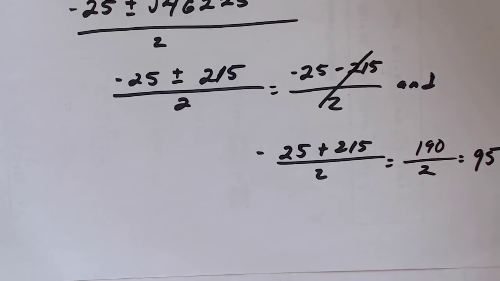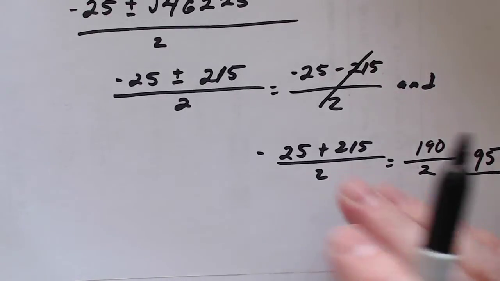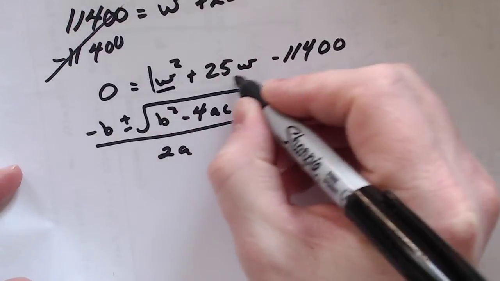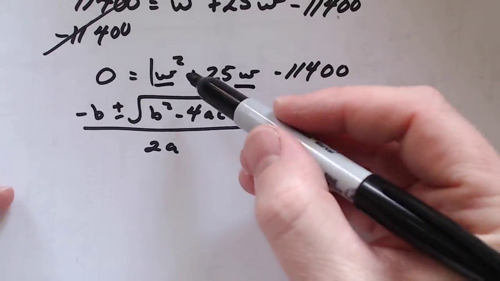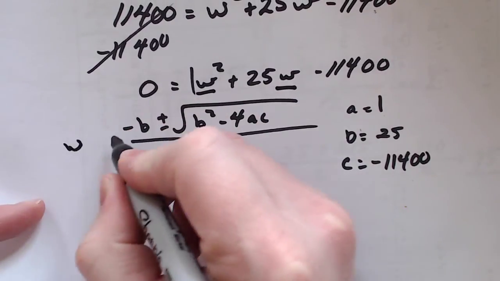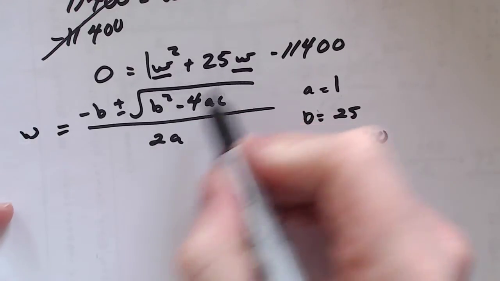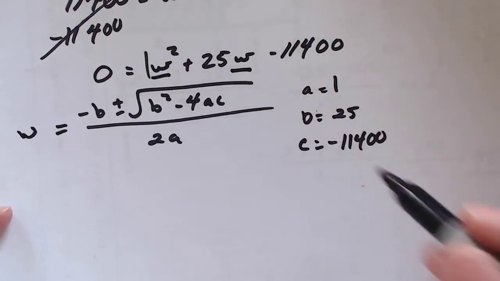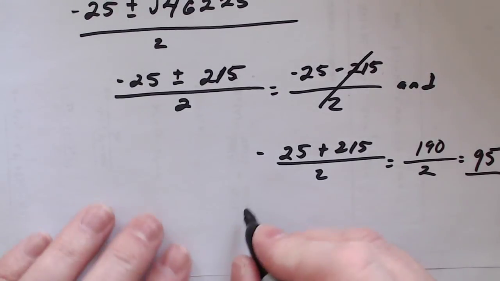Yeah, so that's how we get to 95. Now the idea was when I started, these were W's, right? I solved for W. So if there's W's here, then the answer to this is a W. So 95 is the width.